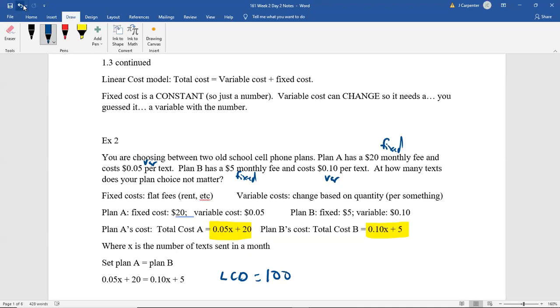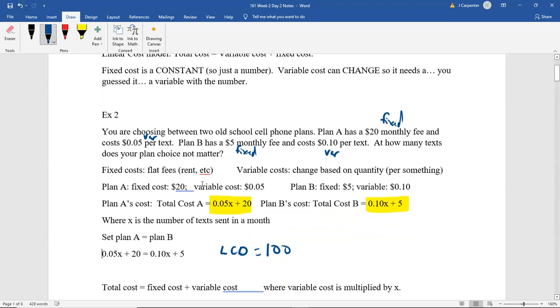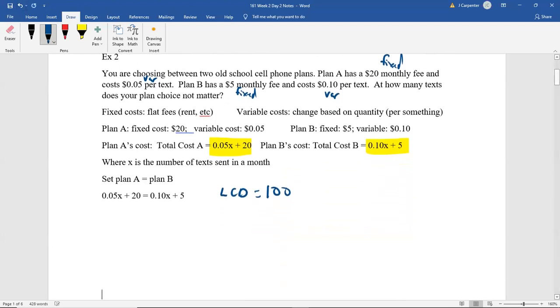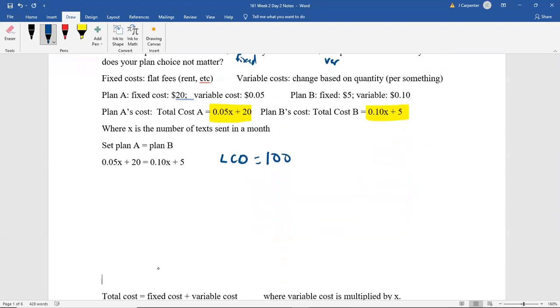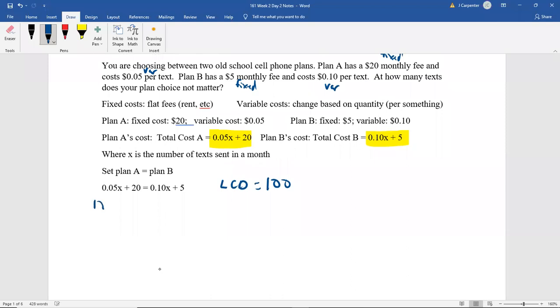And that's what we multiply everything by, not just the decimal terms, everything. So we take the 100 times the 0.05x plus the 100 times the 20 equals the 100 times the 0.10x plus the 100 times the 5.